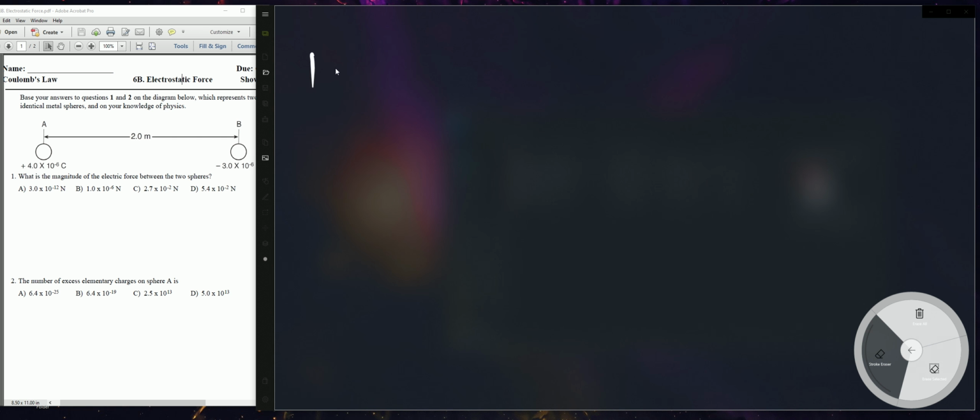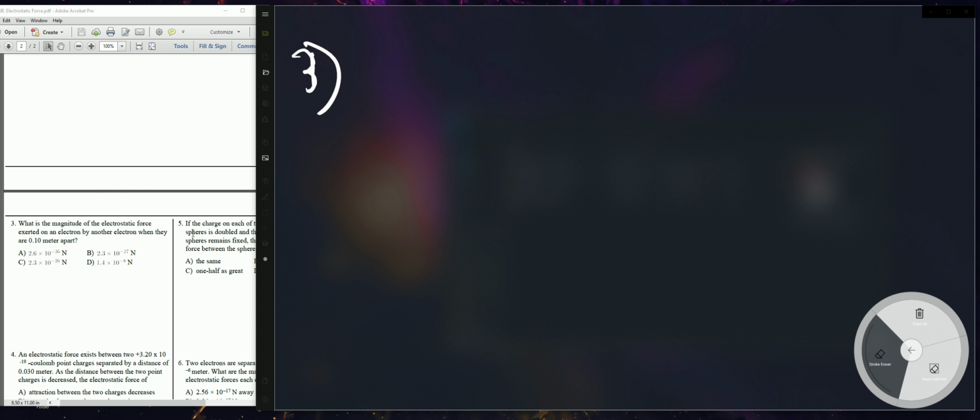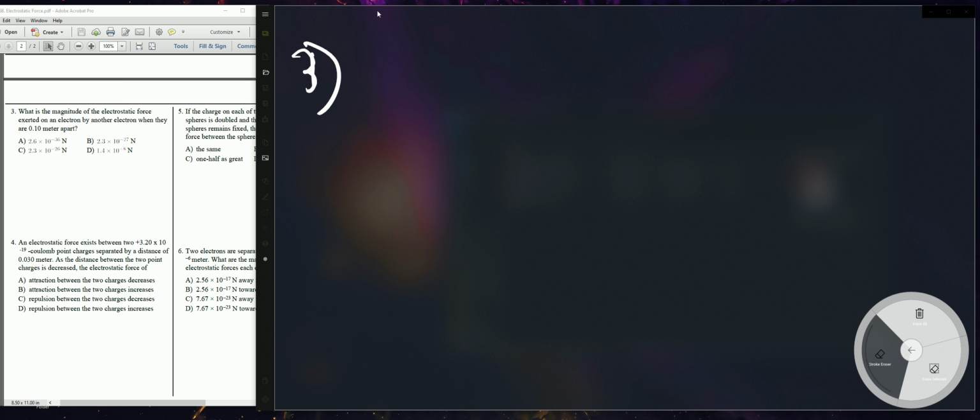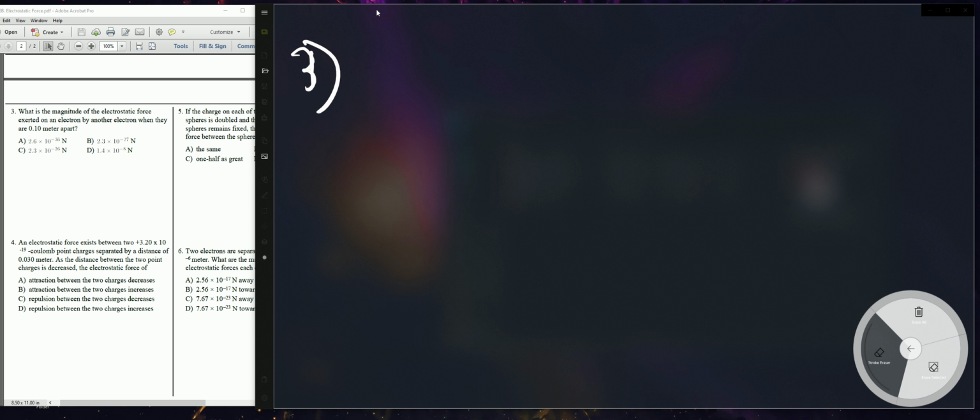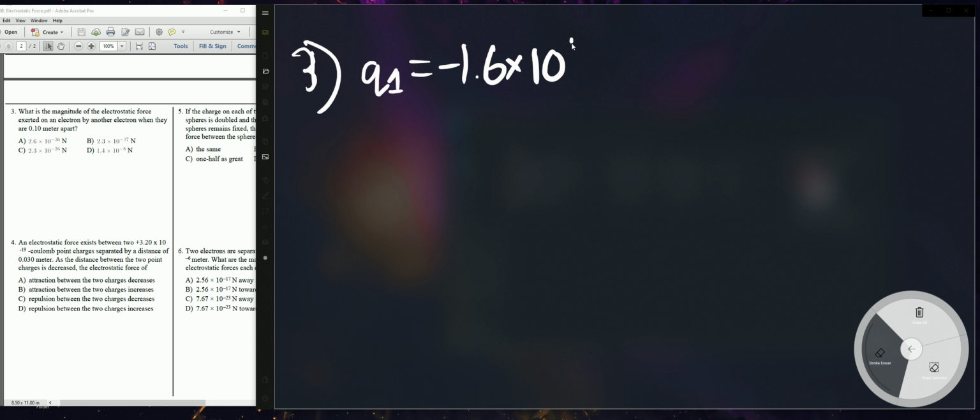All right. So now we do number 3. What is the magnitude of the electrostatic force exerted on an electron by another electron when they are 0.1 meters apart? Well, we know the charge of my first electron is negative 1.6 times 10 to the negative 19 coulombs.